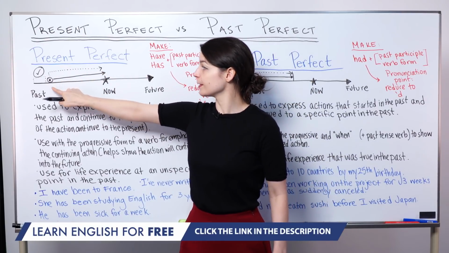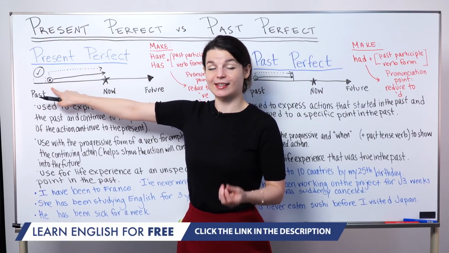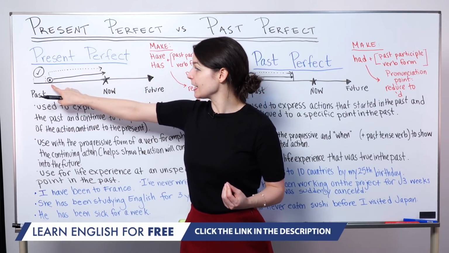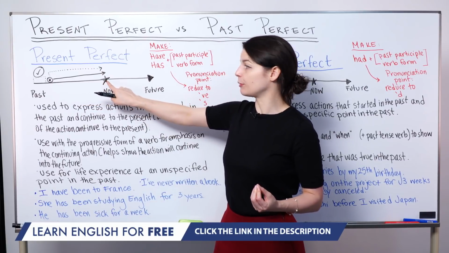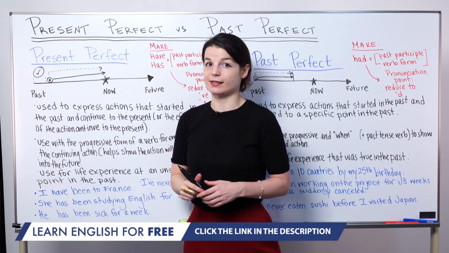So let's imagine this point in time in the past is her start point, her study start point. She has been studying for 3 years. So this time period is 3 years. That's what this sentence tells us.